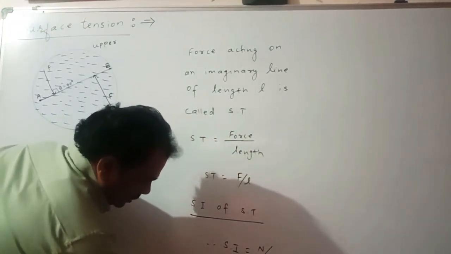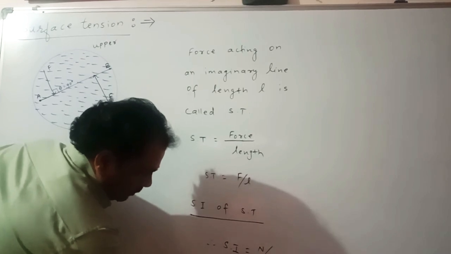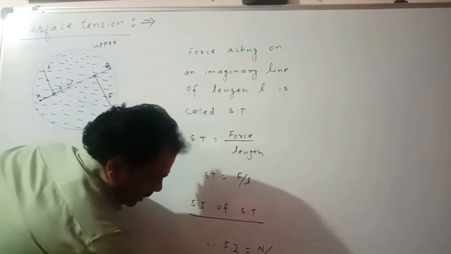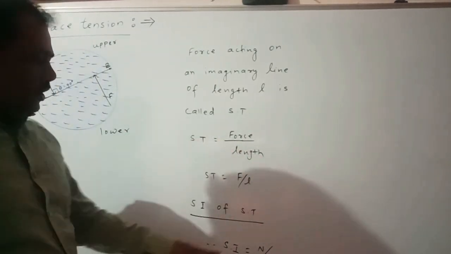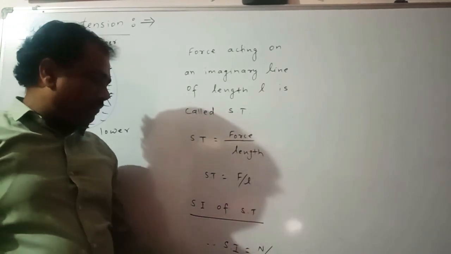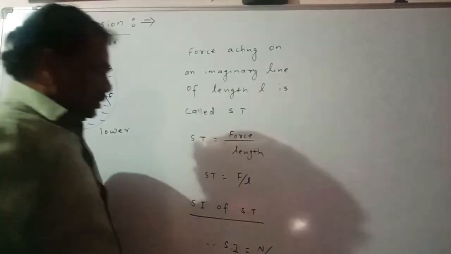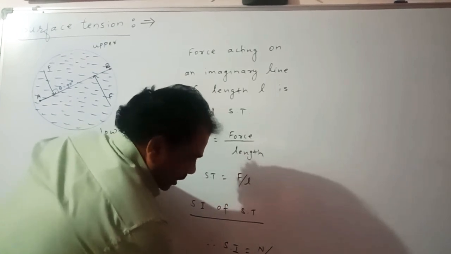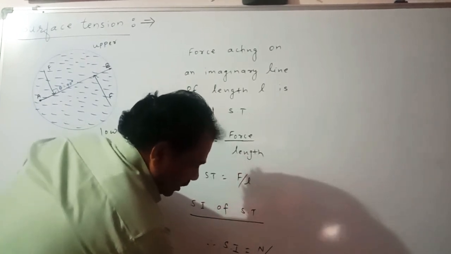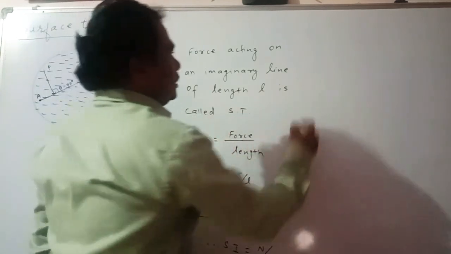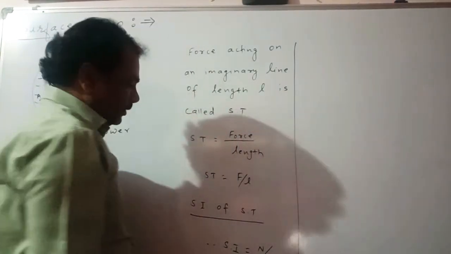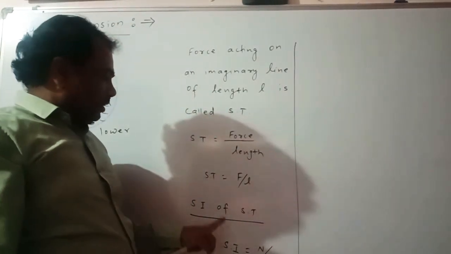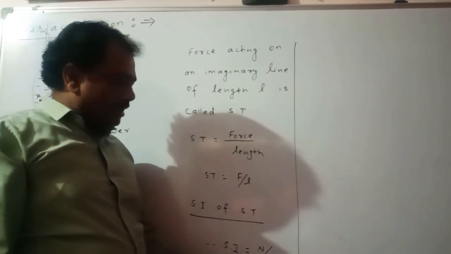And for the CGS unit, instead of Newton we have to use dyne, because we know Newton is for the SI unit and dyne for the CGS unit. Therefore dyne per centimeter, instead of meter we use centimeters. So the CGS unit for surface tension is dyne per centimeter.